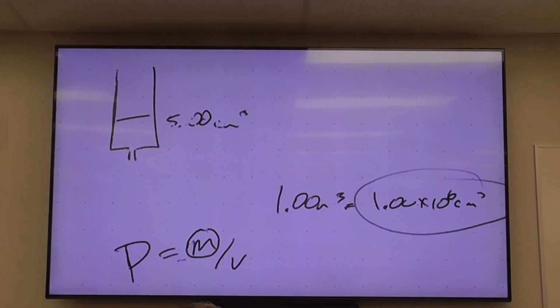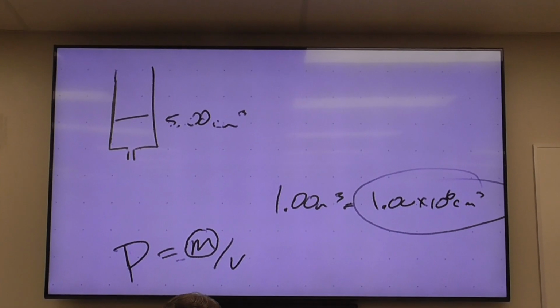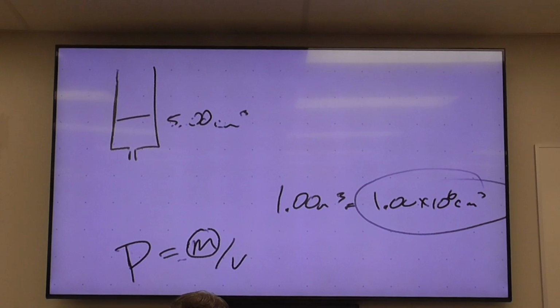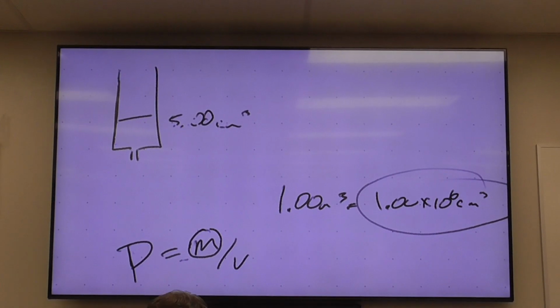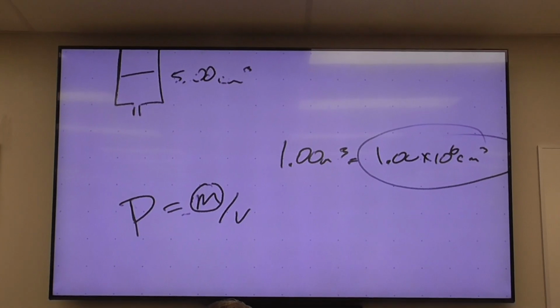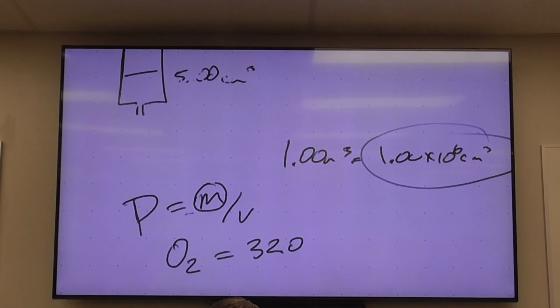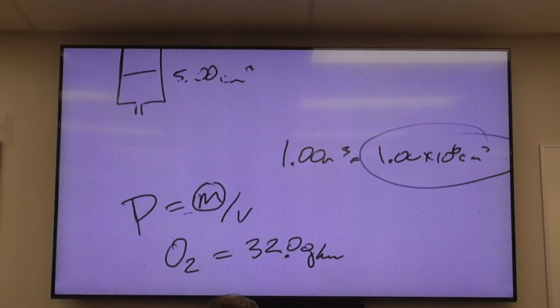Once you get that, then 22% of that is oxygen, 78% of that is nitrogen. Now, is it diatomic, Cohen? Yes. Okay, but that's taken into account when I tell you that the molar mass of oxygen is 32.0 grams per mole.